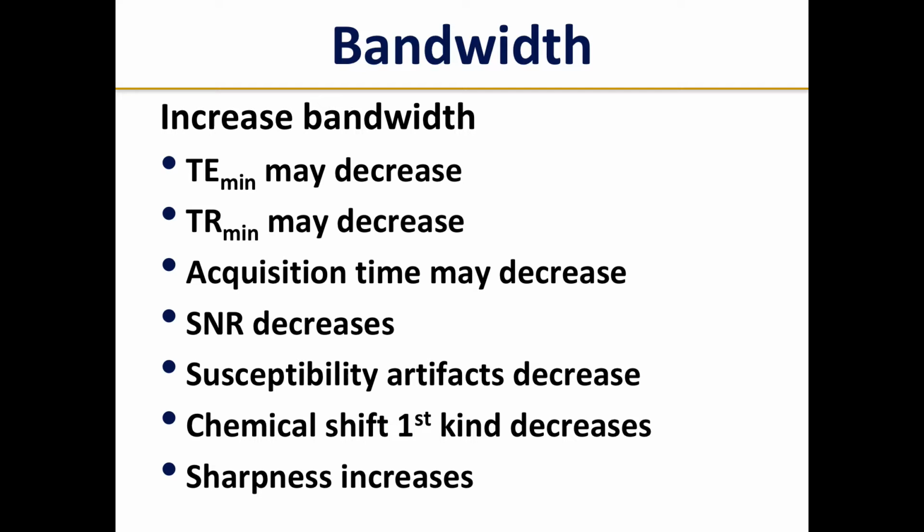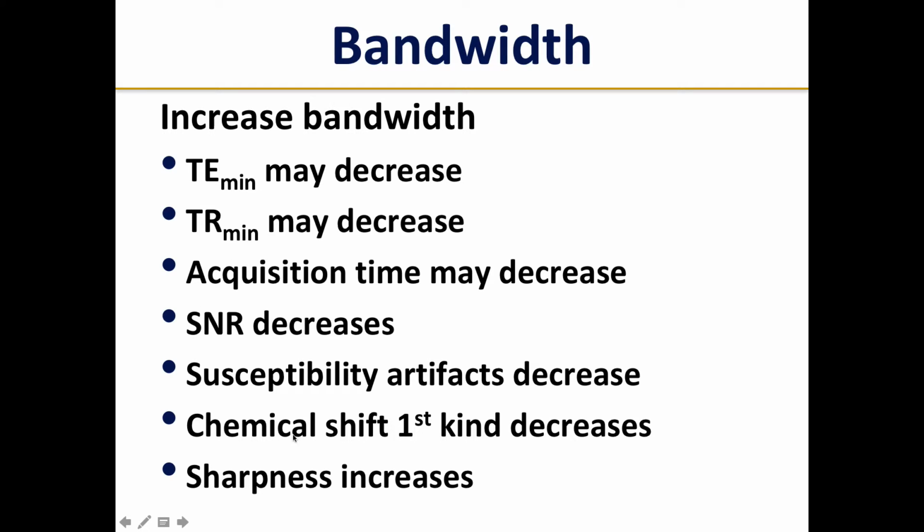When you increase your bandwidth, you may decrease your TE. We can talk about that some other day. If you do decrease your TE, your TR may decrease. If your TR decreases, your acquisition time may decrease. Let's not talk about those things. If your bandwidth increases, your SNR decreases, susceptibility artifacts decrease, chemical shift artifacts decrease, sharpness increases.